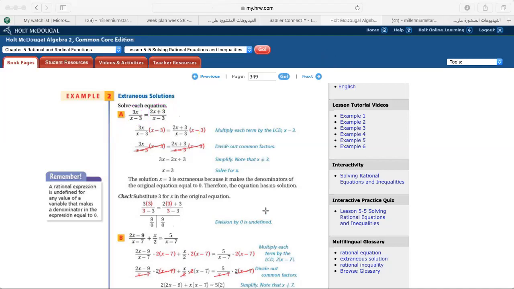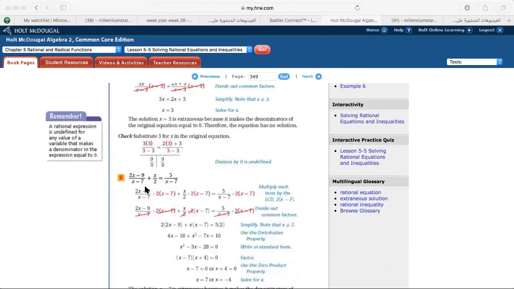Okay, let's solve another one. Here I have two different denominators: x minus 7 and 2. So which one, teacher, are we going to choose to multiply all the terms with?